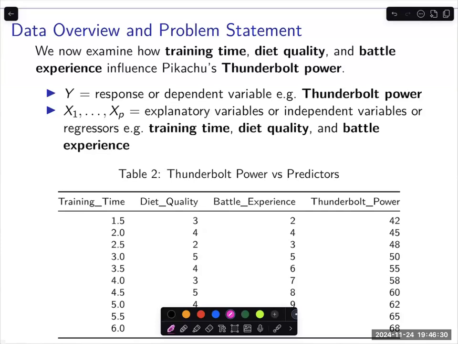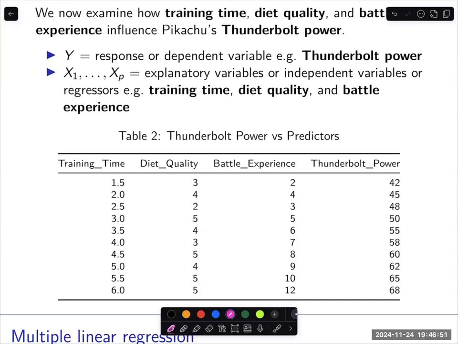And we are going to use the explainer variables x1 to xp, in particular here p equal to 3, to explain the variation of the y, or the dependent variable there. In particular, we have the following data with the first row representing the first observation with the training time at 1.5, diet quality at 3, battle experience at 2, and Thunderbolt power observed as 42.